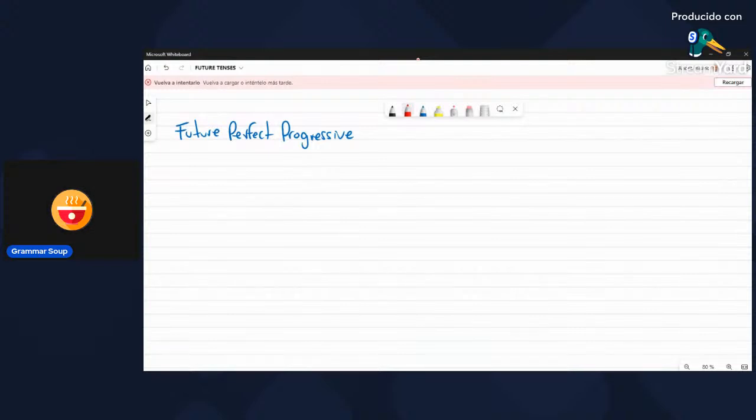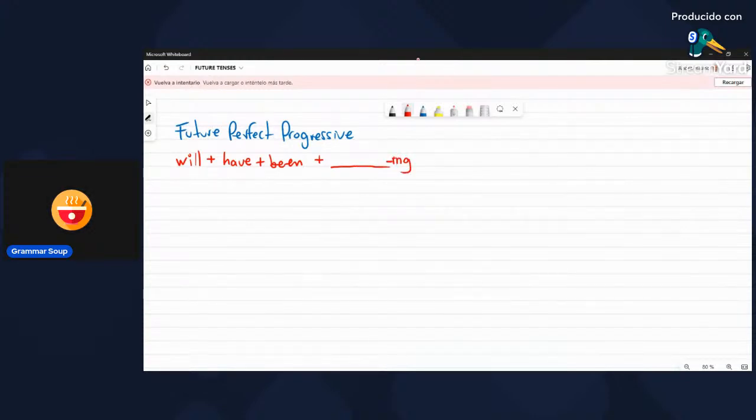In order to structure the future perfect progressive, I have to use the auxiliary will. Pay attention to this one. It's really long. Will plus have plus been. These three don't change. Plus the verb that I want to use with ing.